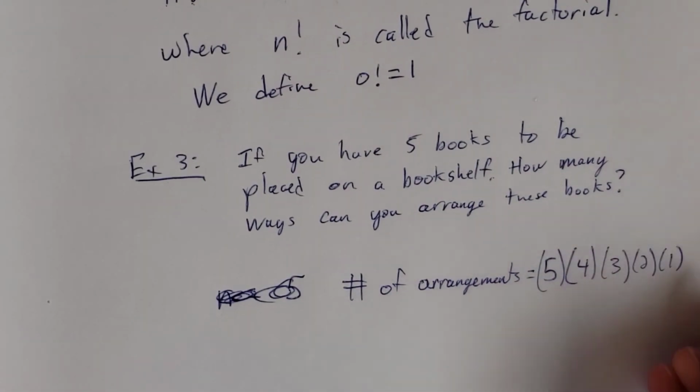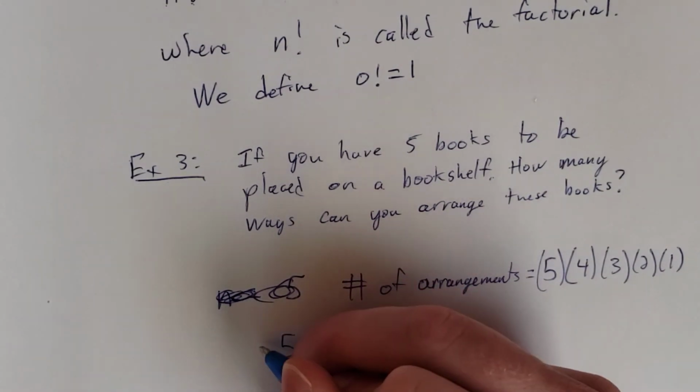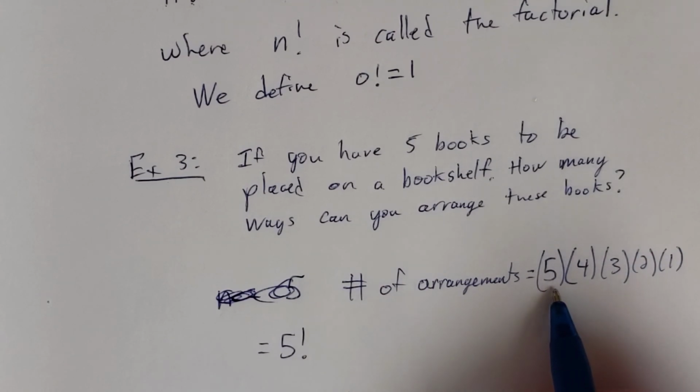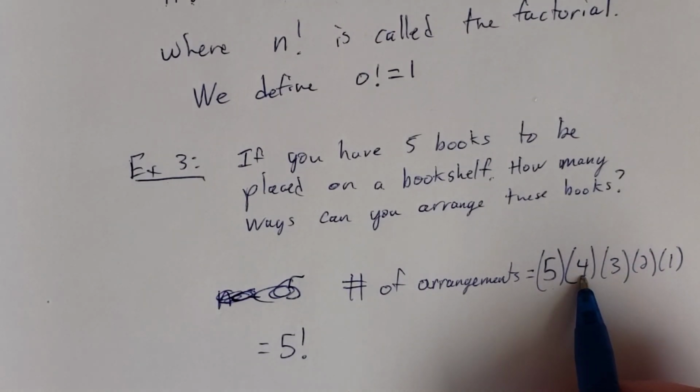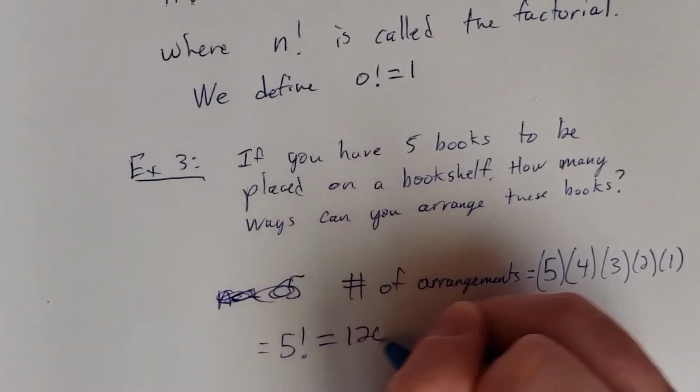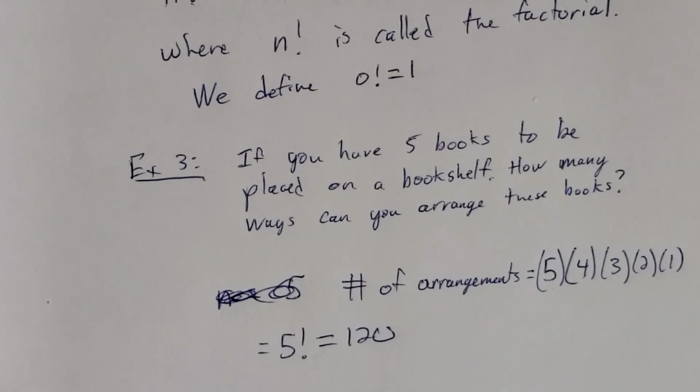Notice this is our formula for 5 factorial. 5 times 4 is 20, times 3 is 60, times 2 is 120. So there are 120 different ways that we could arrange these 5 books on the bookshelf. And that will end this first video on counting rules.